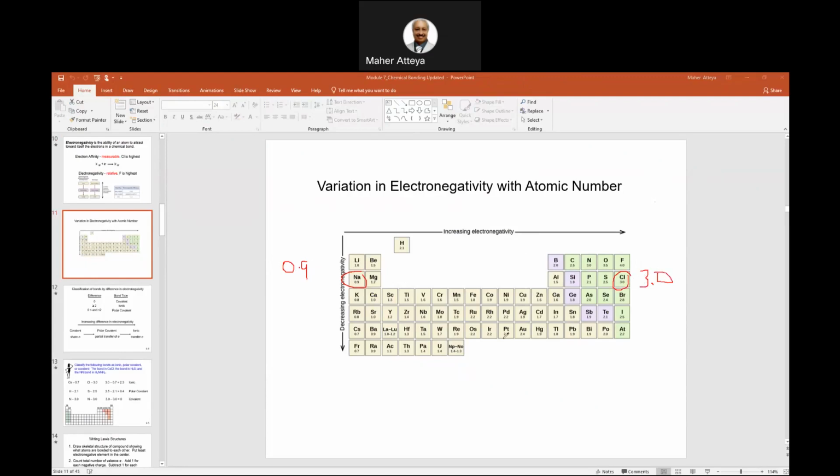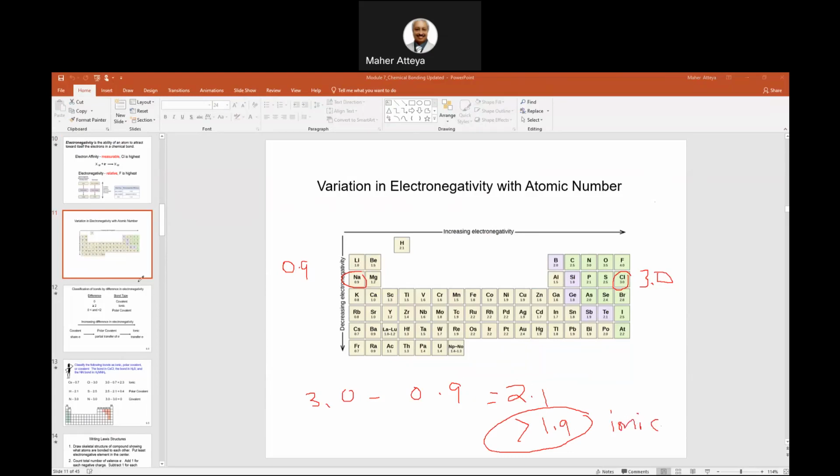So 3.0 minus 0.9. How much, guys? 2.1. So 2.1 is greater than 1.9. So this is what? Ionic. This one is ionic. This compound is ionic.